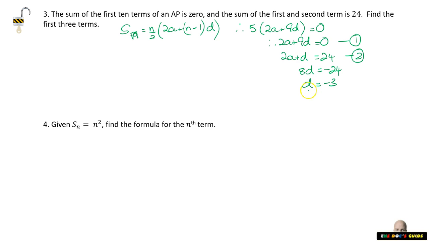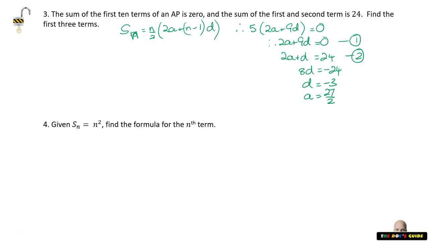And if we plug that minus 3 into, well, it doesn't matter, plug it into 1, we'll get 2a minus 27 equals 0, so 2a equals 27, a equals 27 on 2.